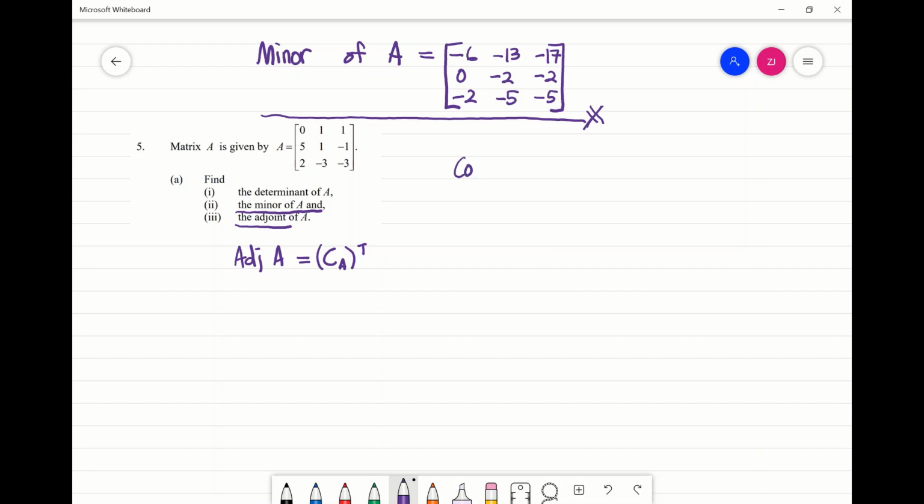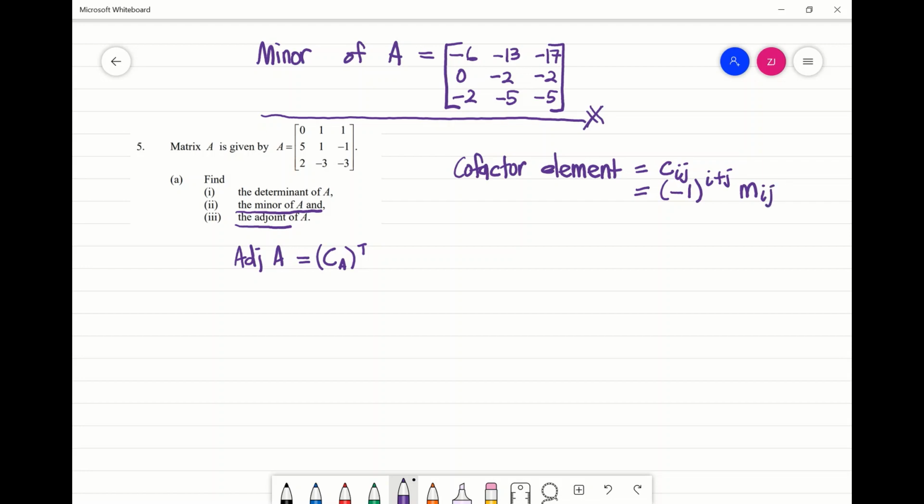Cofactor element is represented by small letter C. So Cij is equal to -1 to the power of i plus j times Mij, whereby M is the minor element.